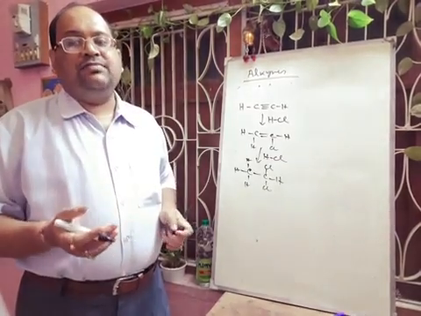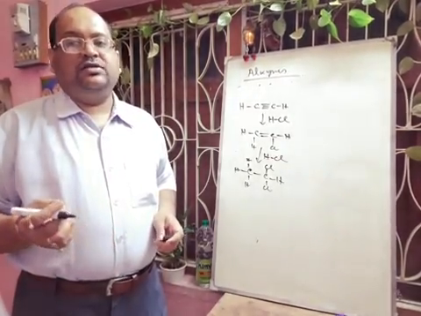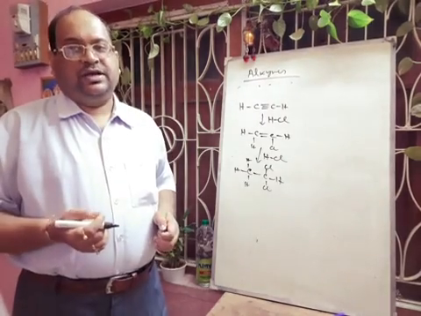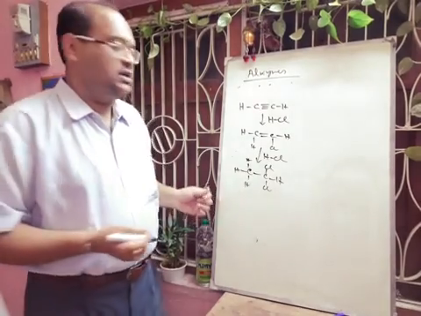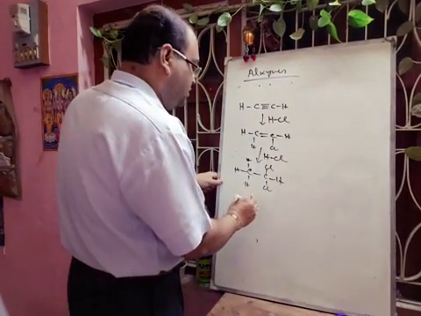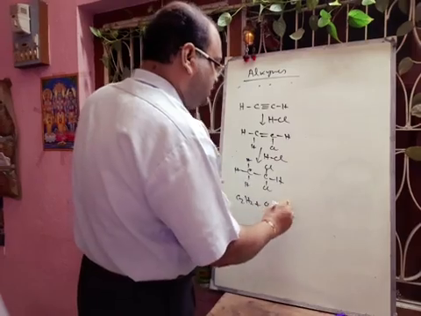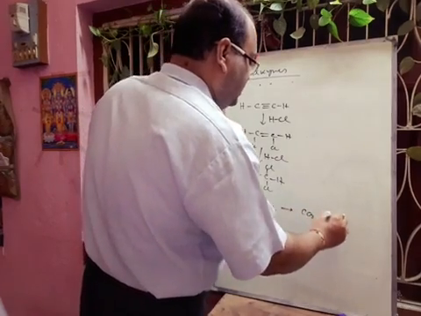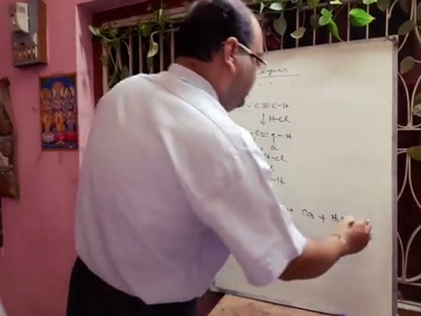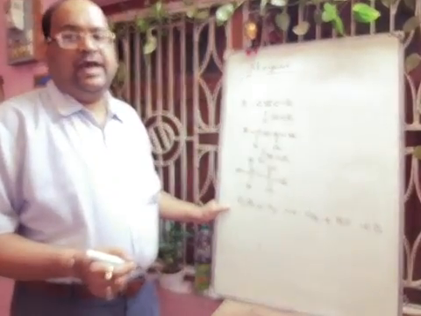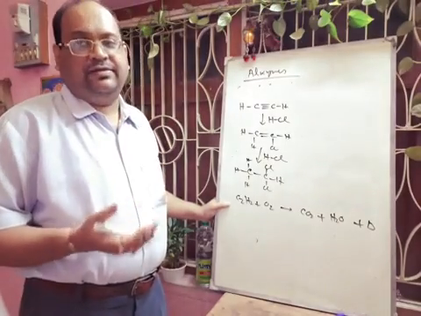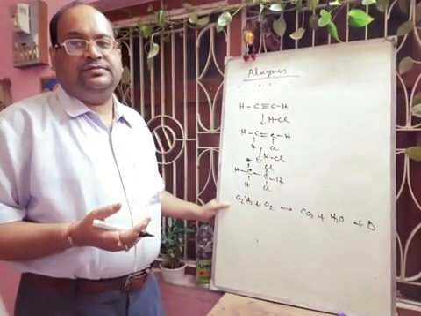Acetylene burns in air with a sooty flame. As it is a hydrocarbon, it will form carbon dioxide and water. So acetylene will react with oxygen forming carbon dioxide plus H2O, plus there will be formation of heat, and there will be formation of sooty flame.